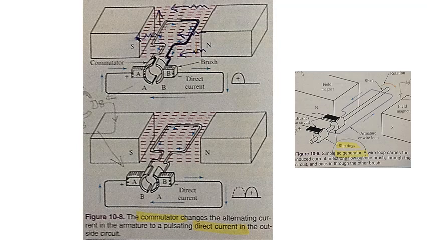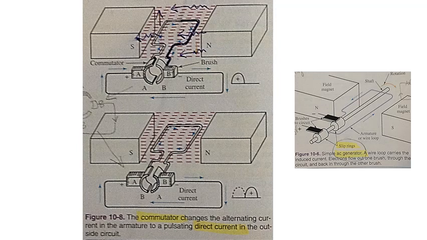Study this figure closely to see how the direction of the current is maintained in the outside circuit, or load circuit. The drawings show the action of the commutator and brushes. The polarity of the brushes is constant. The polarity of the slip rings in the AC generator, figure 10-6, changes as the direction of the current changes with each half revolution.